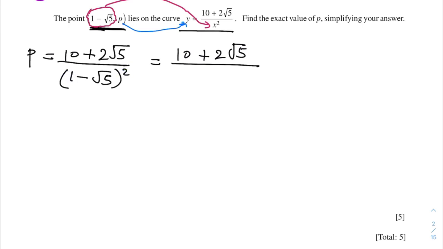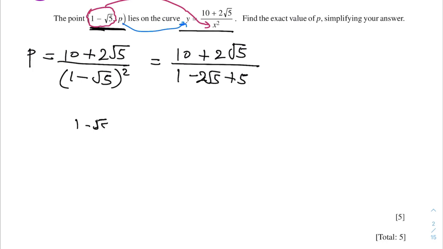The first term square, so that is 1. The next thing you do is you multiply them out. 1 times negative root 5 gives you negative root 5, times 2, you have negative 2 root 5. Then finally, you have negative root 5 all squared, that's basically 5. Well, if you're in doubt, this is what I want you to do.